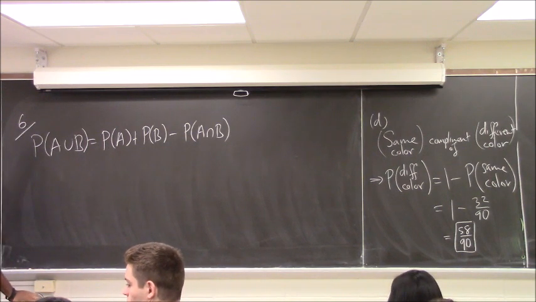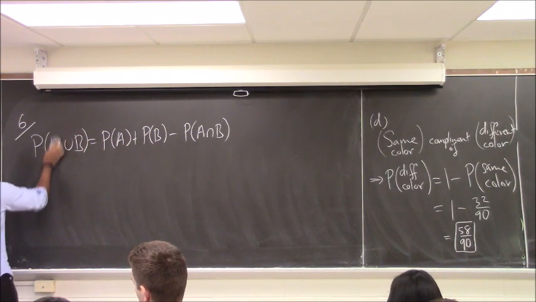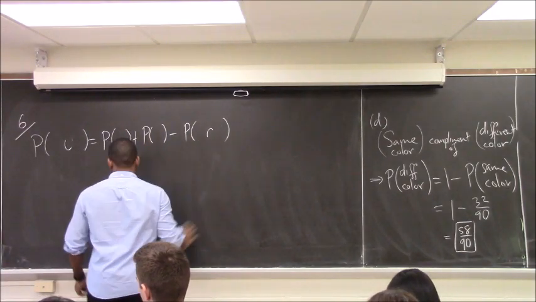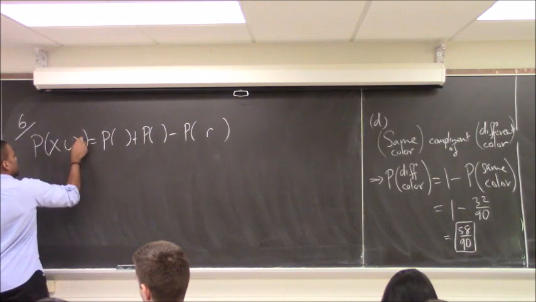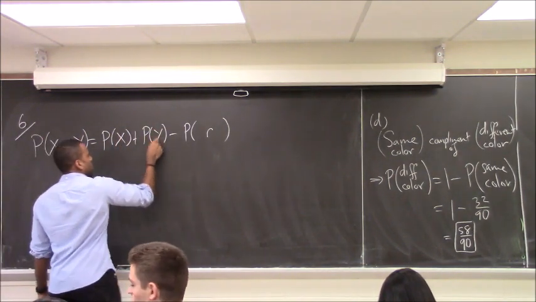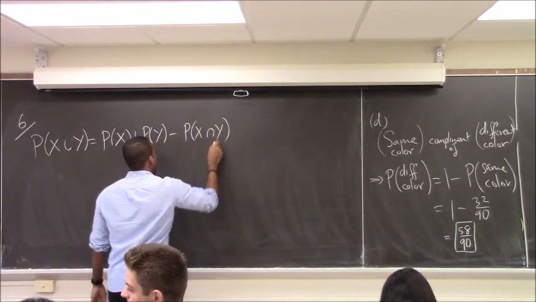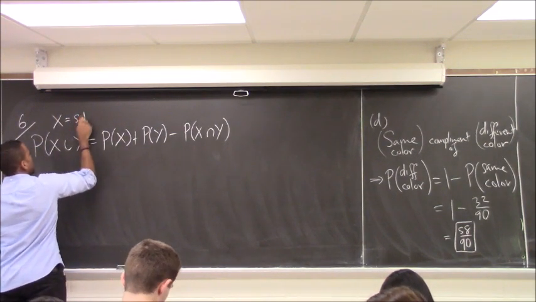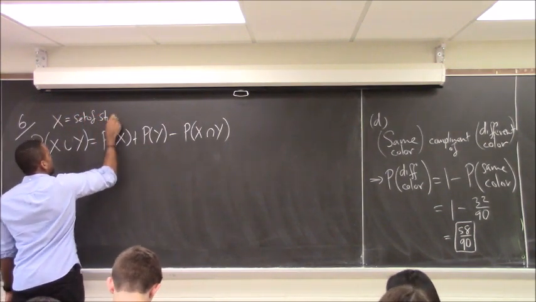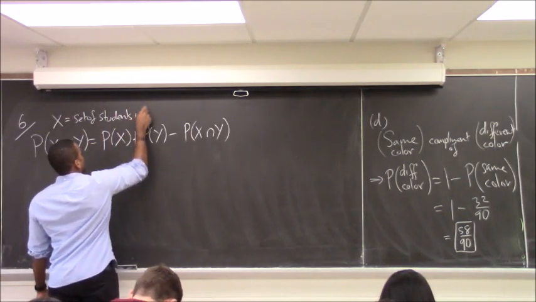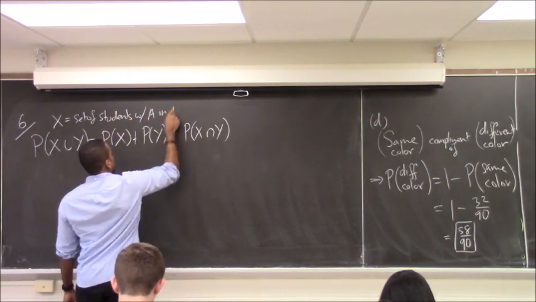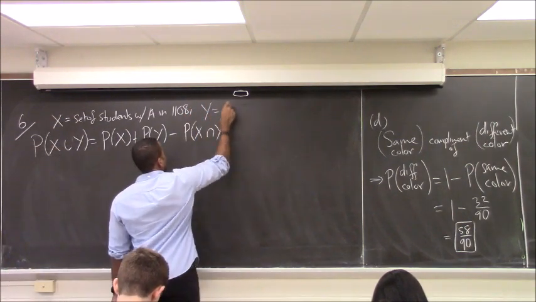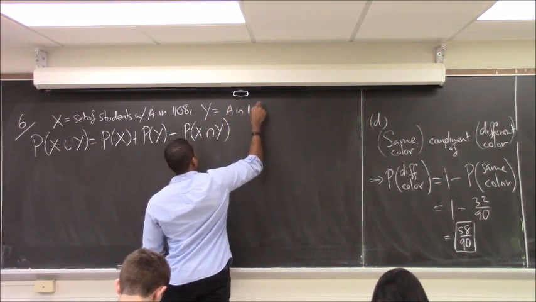Well, maybe A and B would be confusing because we're talking about getting an A in a class, so let's actually use different letters here. Say X and Y, where X is the set of students with A in 1108, and Y means A in 1109.